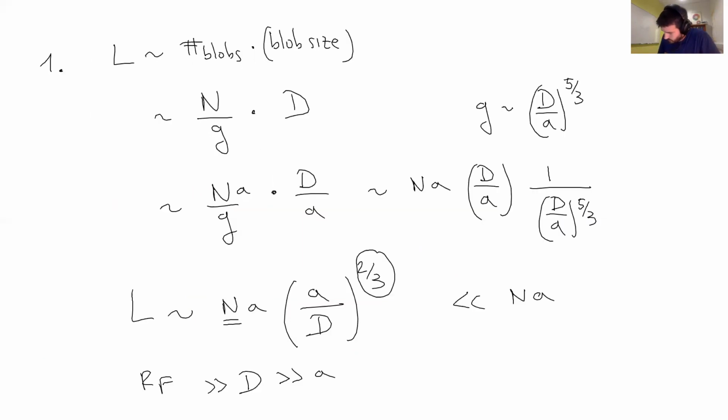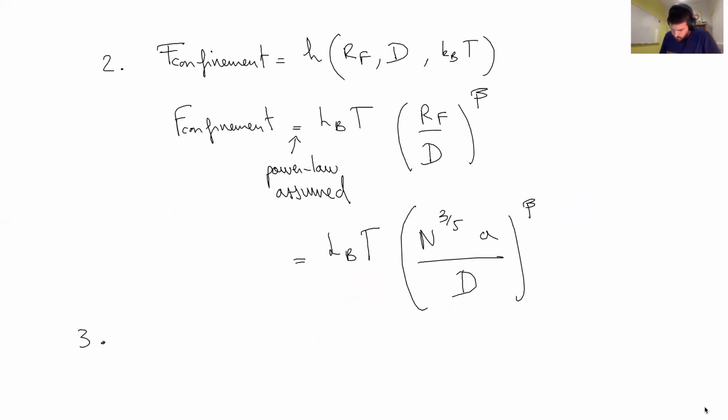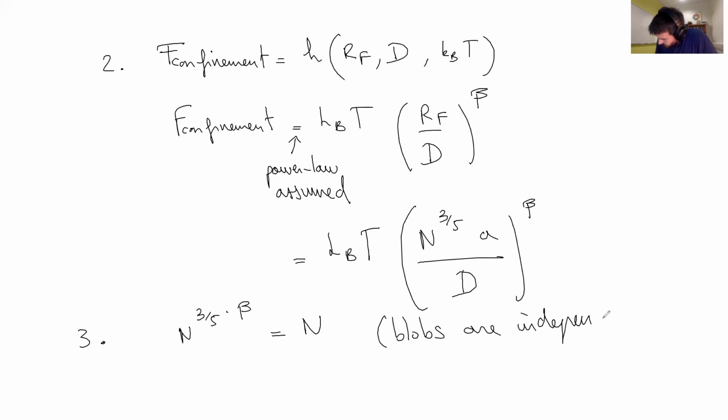So therefore, I know that n^(3/5 beta) should be equal to n by independence of the blobs. Which means that beta is necessarily 5/3. To understand this physics, let us do another example.